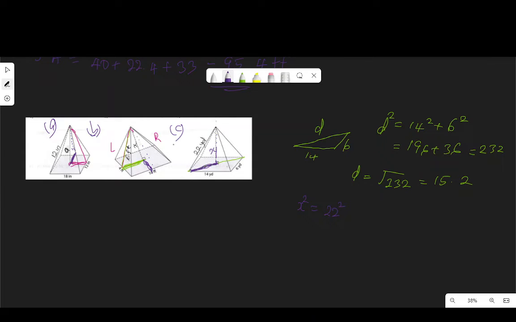Yes, 7.7, plus 7.7 squared. And 22 squared is 484. 484 plus 7.7 squared. 7.7 squared is 59.3 approximately. Now 484 plus 59.3 is 543.3.